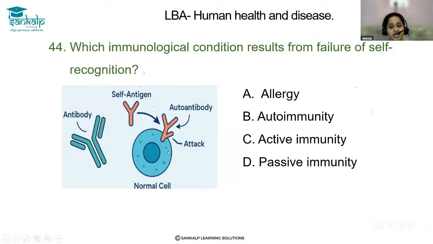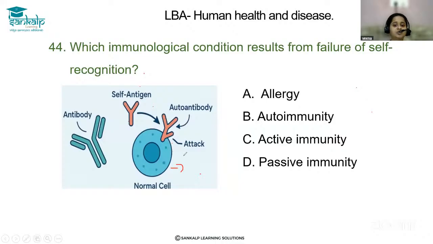See, if you observe in the image, here there are normal cells, right? So when the self antigen comes near the normal cell, unknowingly it is going to release the antibody, and then it starts to attack the self.